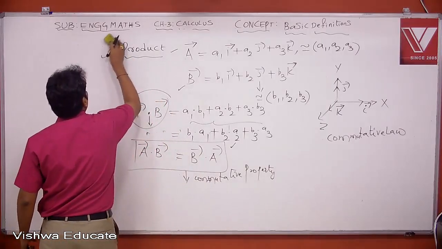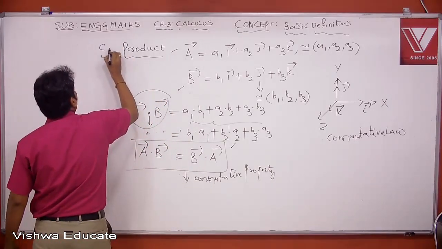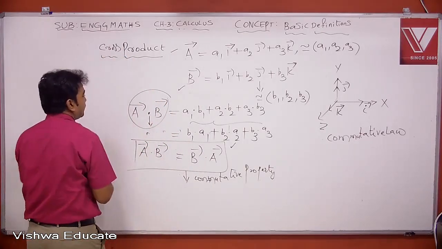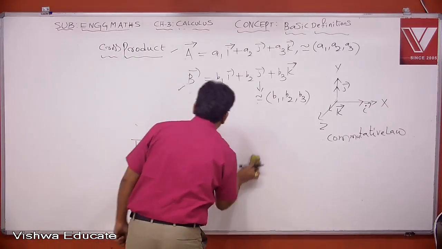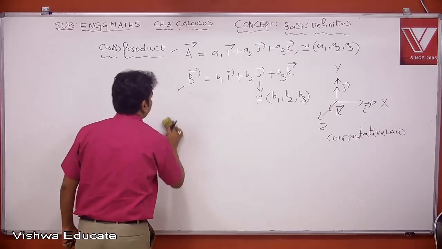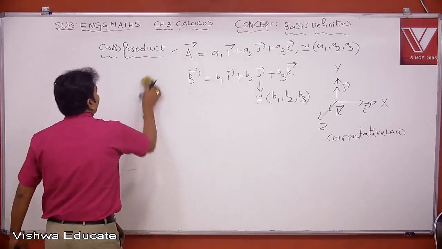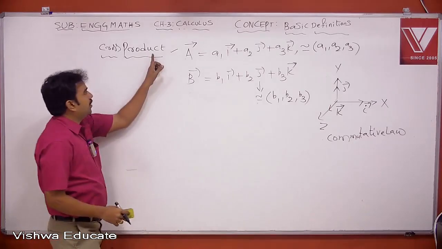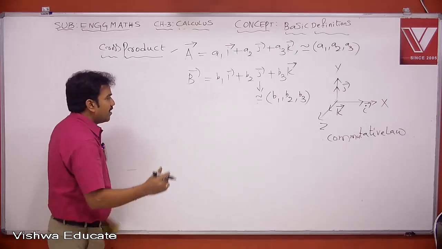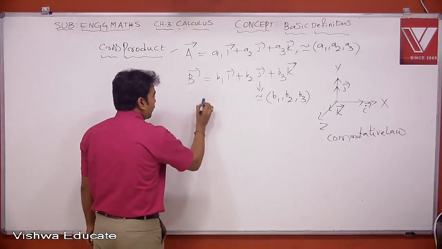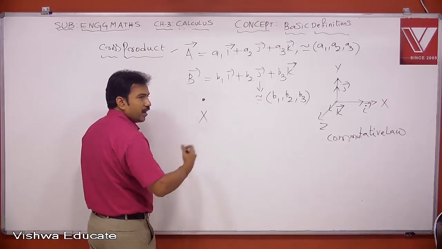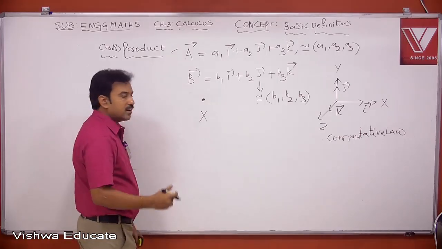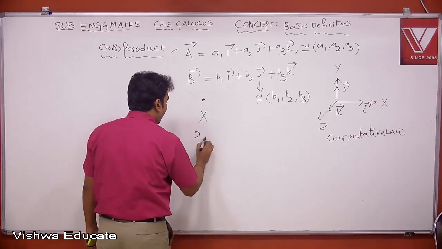Next we discuss another type of product, that is cross product. Next definition is cross product. Actually dot product is denoted by dot symbol, cross product is denoted by this cross symbol. When we were in school, we used to have multiplication tables.